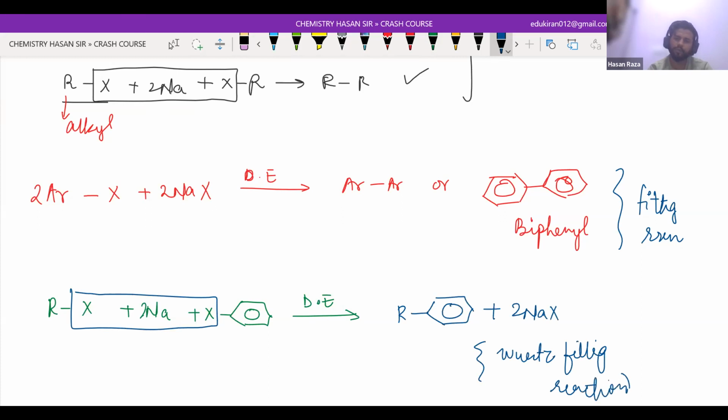When you fuse an alkyl halide and an aryl halide, that is your Wurtz-Fittig reaction. Is that clear? Yes, sir. Okay. Are you done with this? Yes, sir.